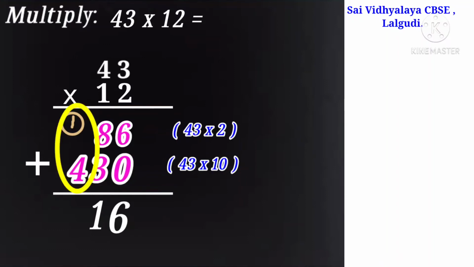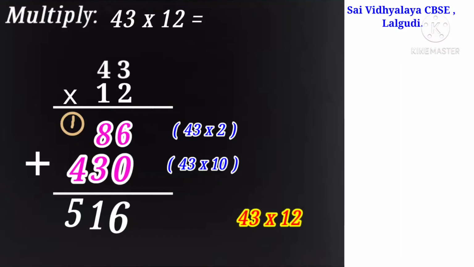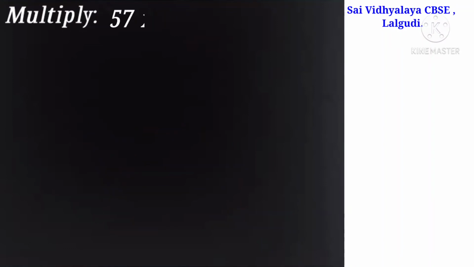1 plus 4. 1 plus 4 is 5. Write 5 in the hundreds place. Therefore, 43 into 12 is equal to 516. Move on to the next question. 57 into 25.